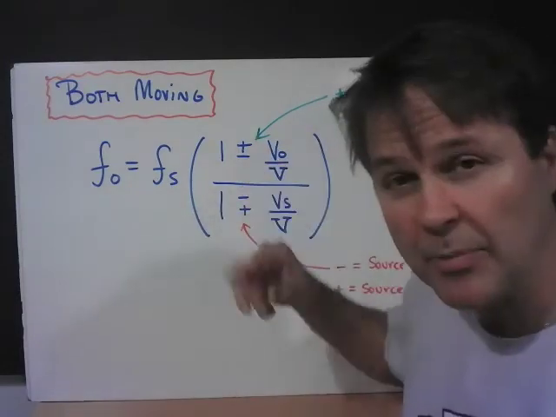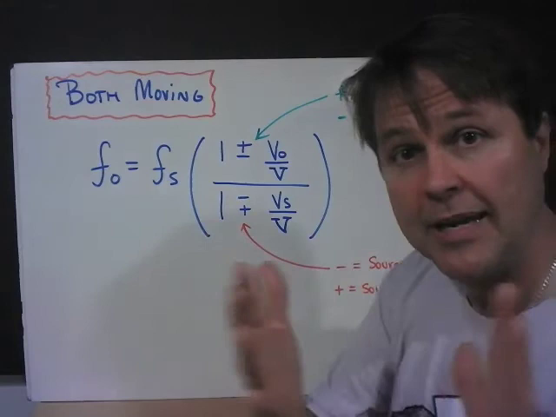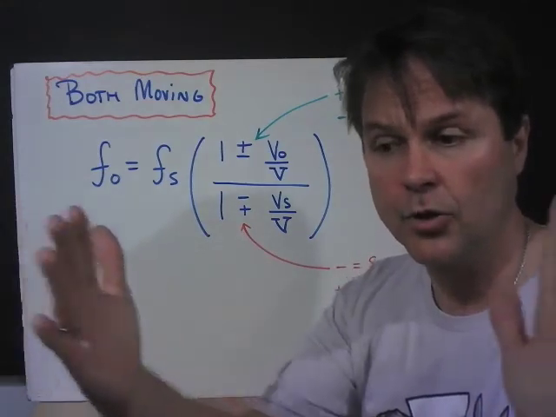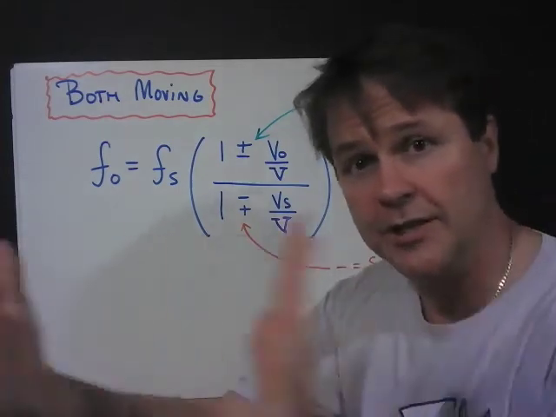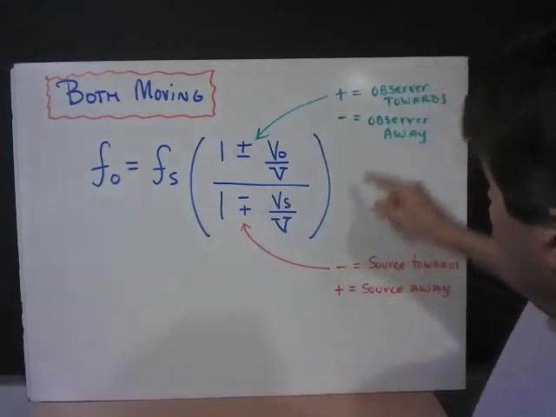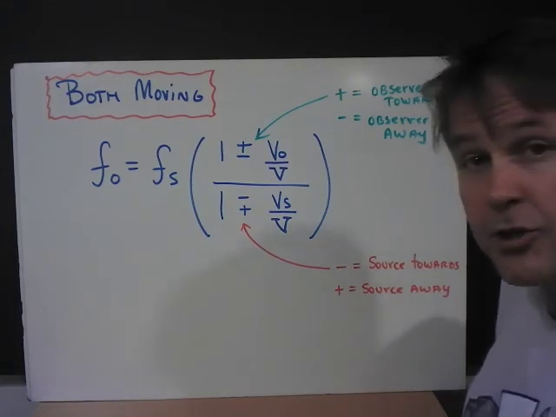So that's why we have the pluses and minuses, and there are different combinations you can have depending on the scenario: towards, both away, chasing this way or chasing that way. So here are the 4 ways of interpreting the signage in the formula.